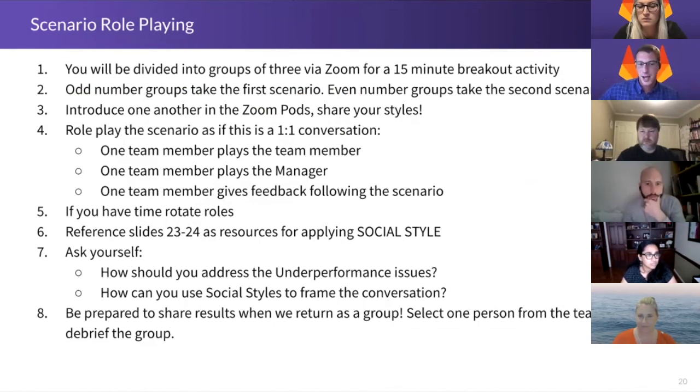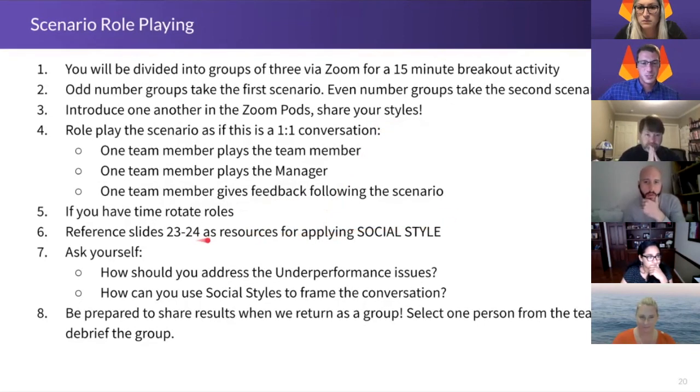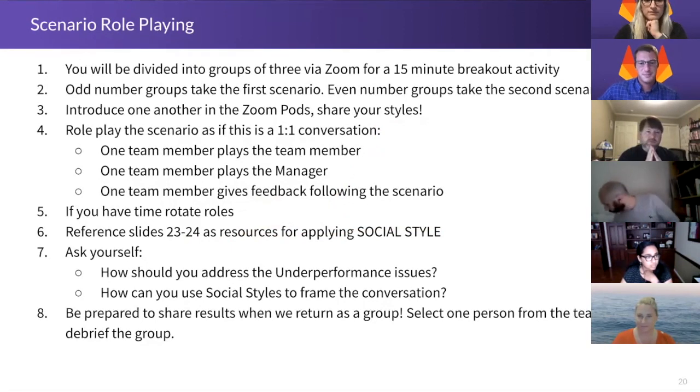If there's more time, you can rotate roles. Slides 23 and 24 can be applied as resources, and there are also some slides in the appendix. Then ask yourself, how should you address the underperformance, and how can you use social styles to frame the conversation? We'll come back as a group after 15 minutes and share.